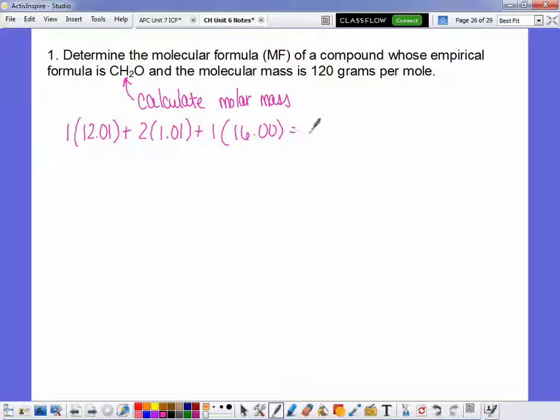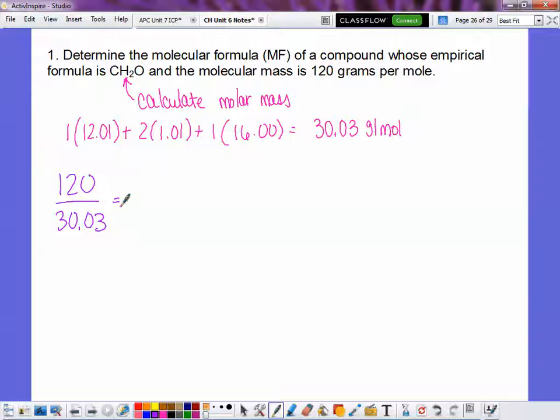What do you get? 30.03 grams per mole is the molar mass of CH2O. And so we're going to do 120 divided by 30.03. And that will be a whole number multiple. If it's not really close to a whole number, you've done something wrong. Probably you found the empirical formula wrong. So that's a big red flag.